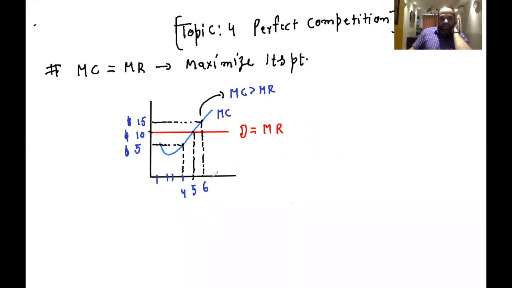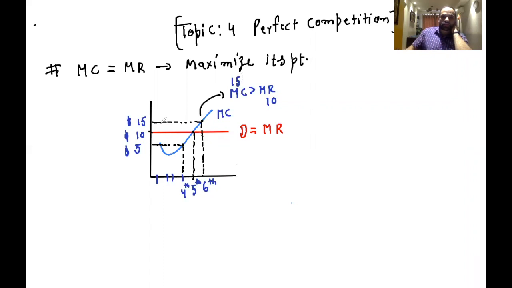This is the cost of the 6th unit, and this is the revenue of the 6th unit. This is your 6th unit, this is your 5th unit, and this is your 4th unit. Regarding your 6th unit, your marginal revenue is 10, and your marginal cost is 15.